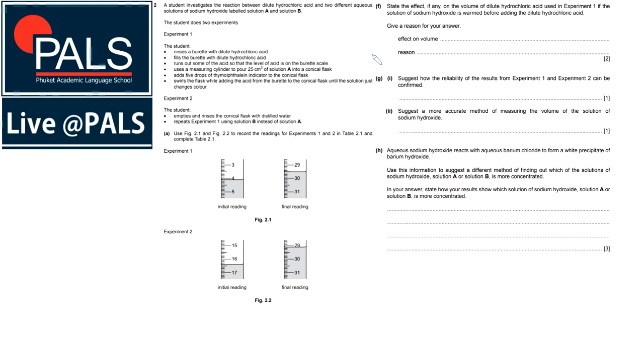So F, state the effect, if any, on the volume of dilute hydrochloric acid used in experiment 1 if the solution of sodium hydroxide is warmed before adding the dilute hydrochloric acid.